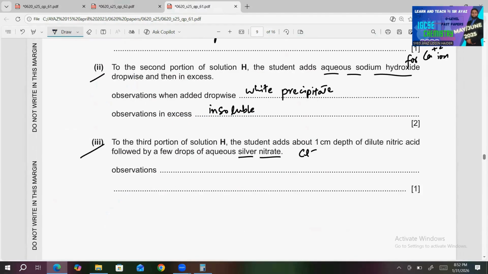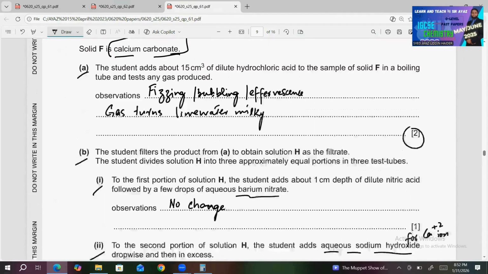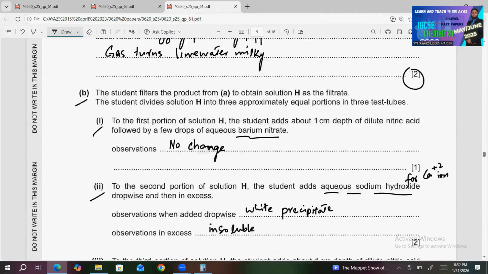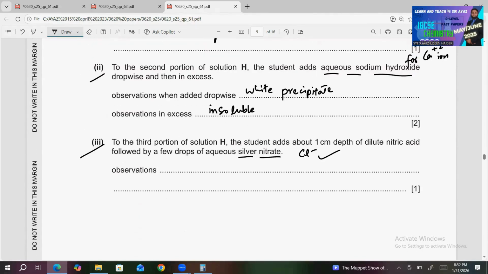If you react calcium carbonate with hydrochloric acid, we have already produced calcium chloride here. So it must be having chloride ion here. So observation, it must be white precipitate. So you write white precipitate.